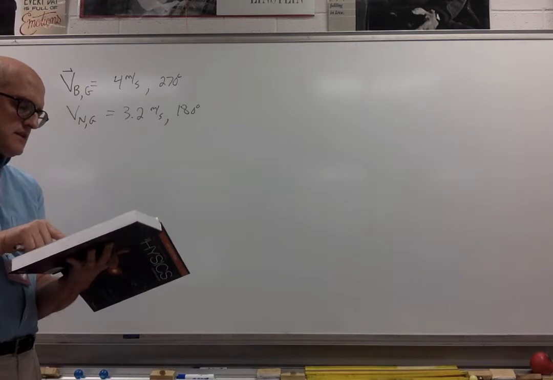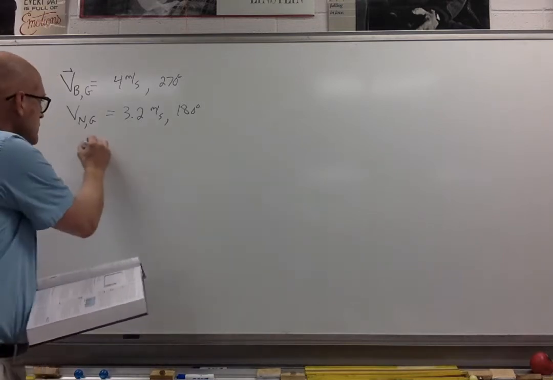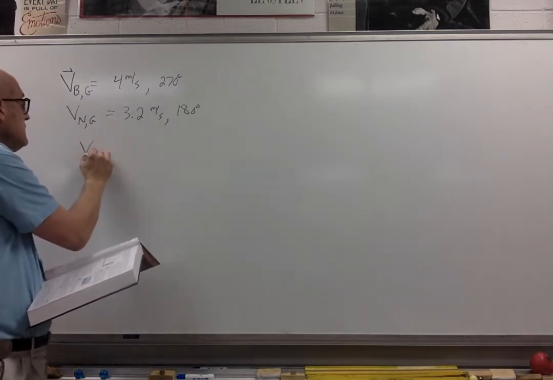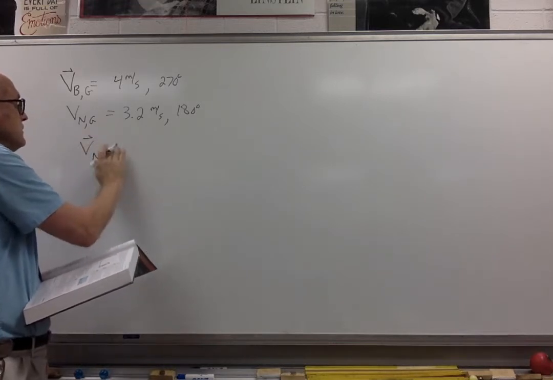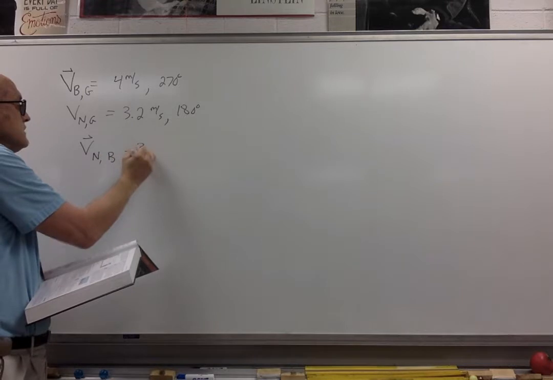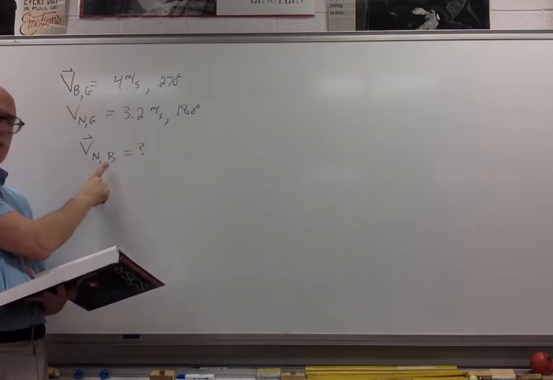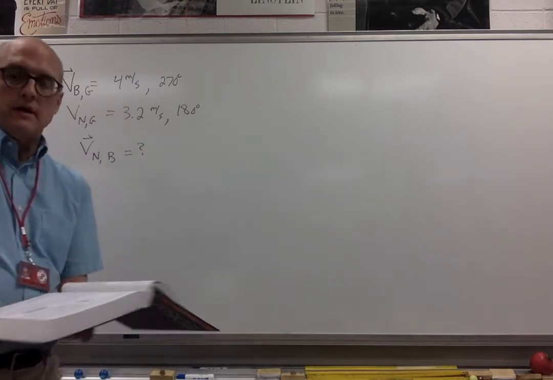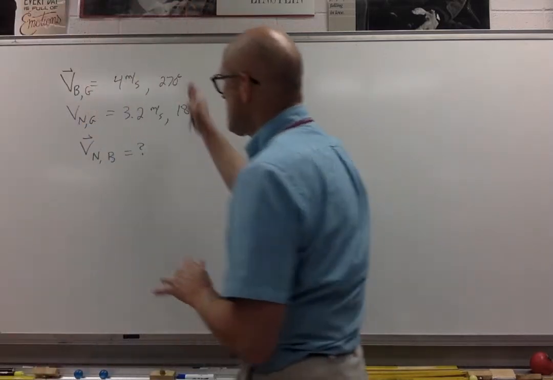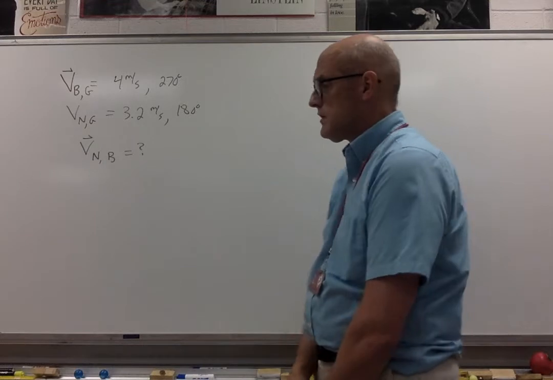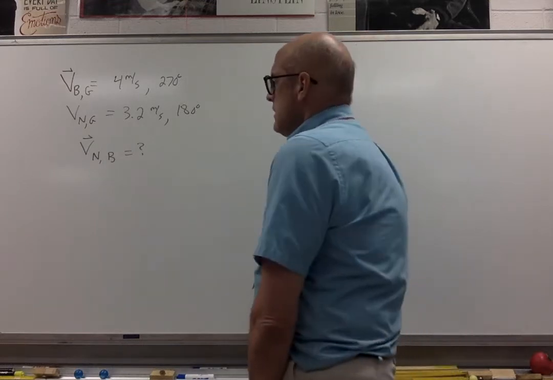Find Neil's velocity as seen by Barbara. So we're looking for the velocity of Neil with respect to Barbara. So that's V, N, B. Now we use the Galilean transformation, which tells you how to add vectors together like this.